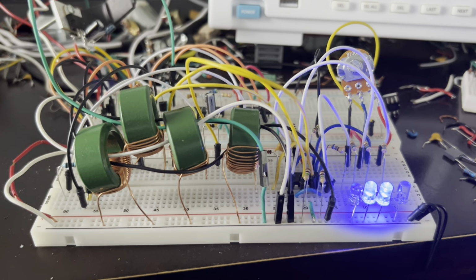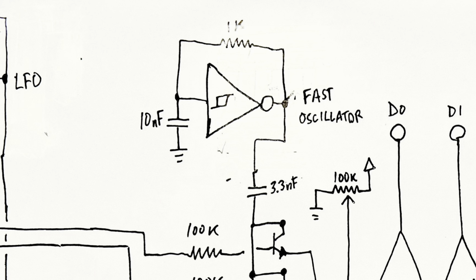And this was my schematic from the previous circuit. What it essentially encompassed was a hex Schmitt-Trigger inverter as the high frequency fast oscillator.